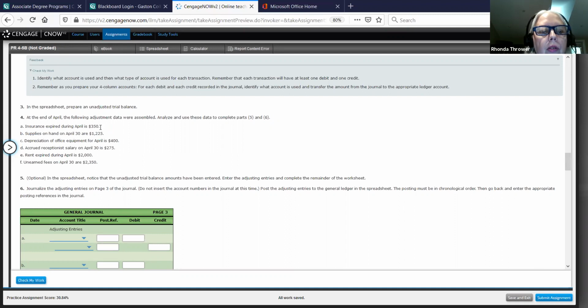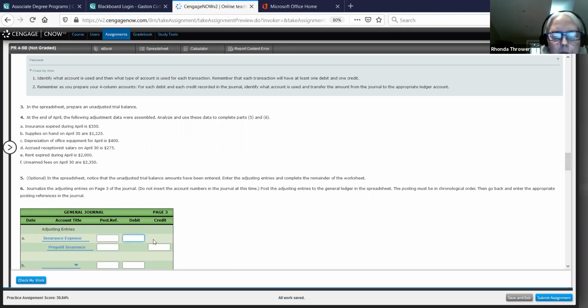Since we know the insurance has expired in this transaction, since they've told us that the insurance that's gone away or used up is $350, then we simply would debit our insurance expense account, and we would credit our asset account prepaid insurance for the amount that was used.